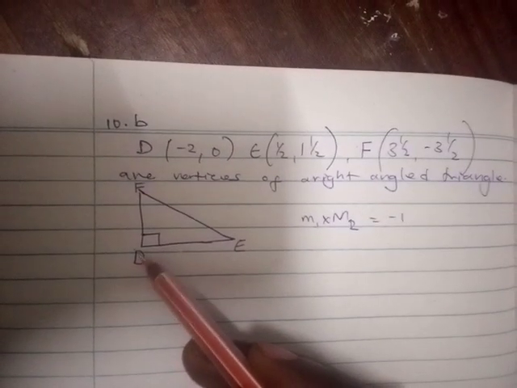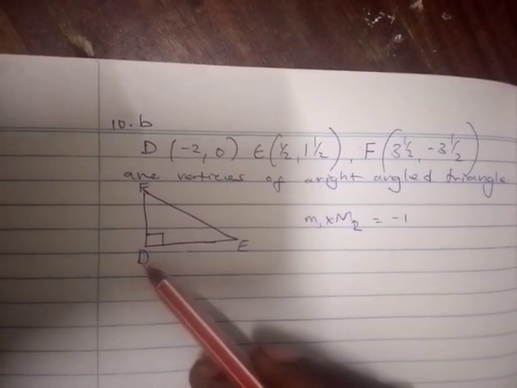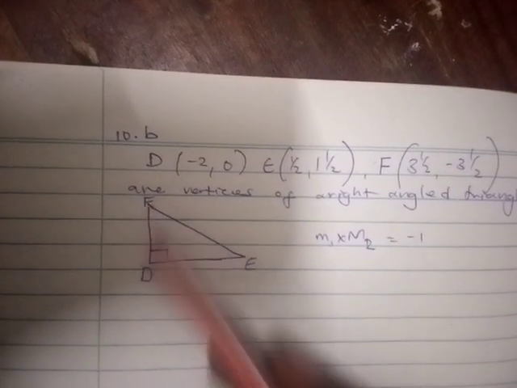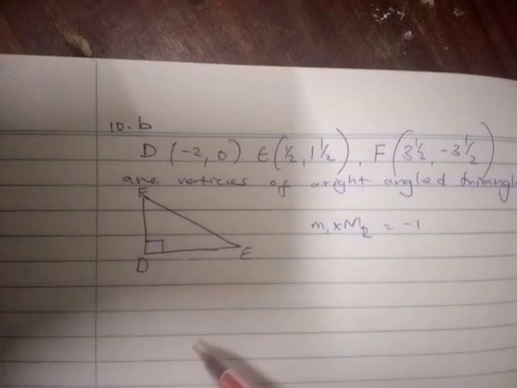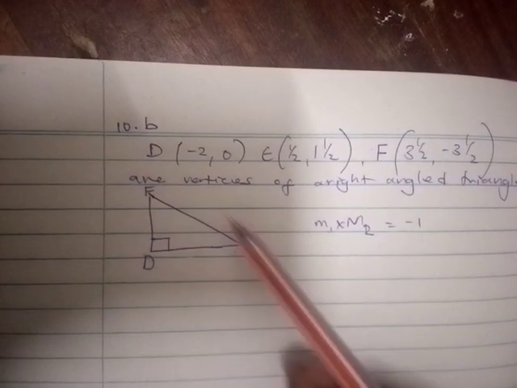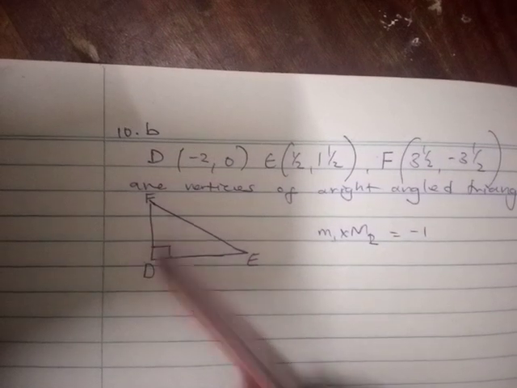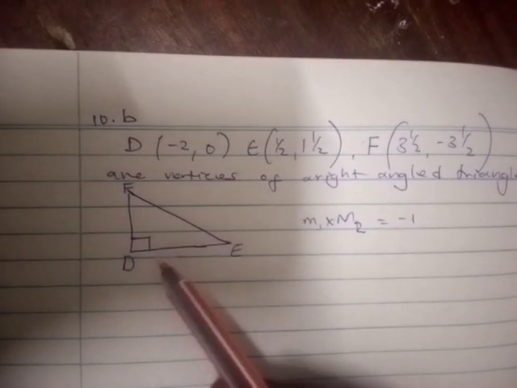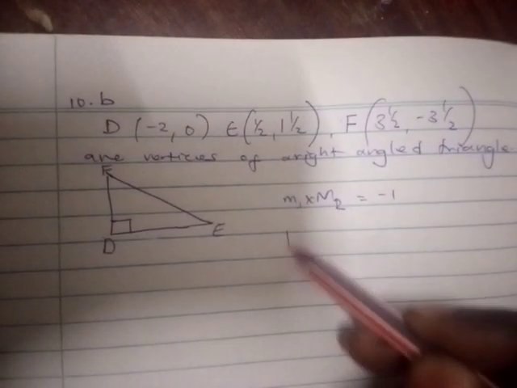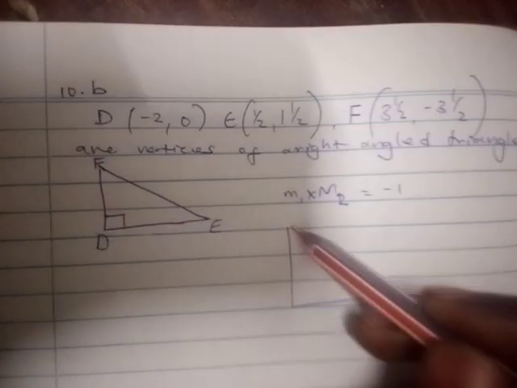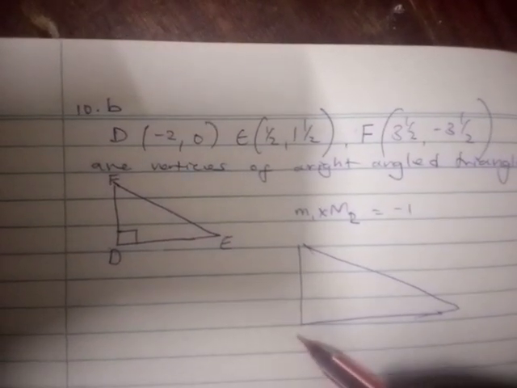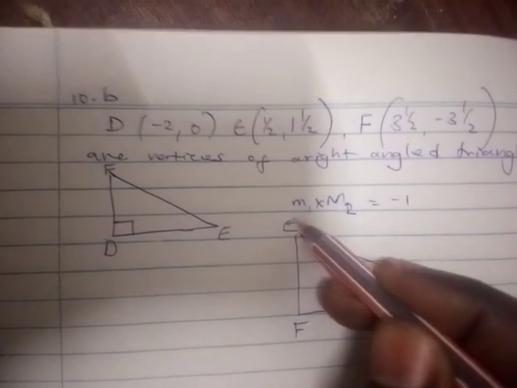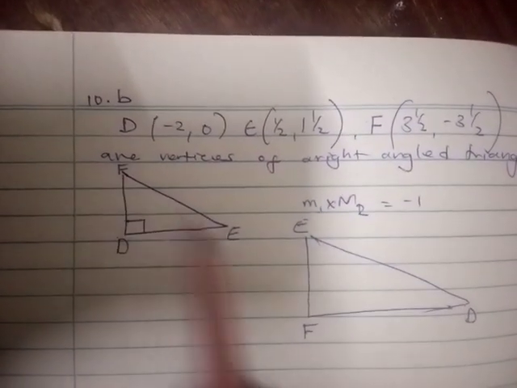So we shall get the slope of each of the lines. We shall get the slope of DE, the slope of DF, and also the slope of FE. So you can ask yourself, why should we get the slope of FE when it is not perpendicular? Because remember, here they have not demarcated for us the triangle. Someone can also label it like F, D, E. So that's why I'm insisting that you have to find FE.